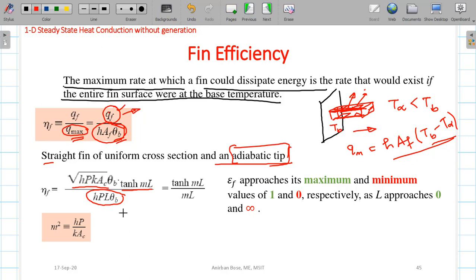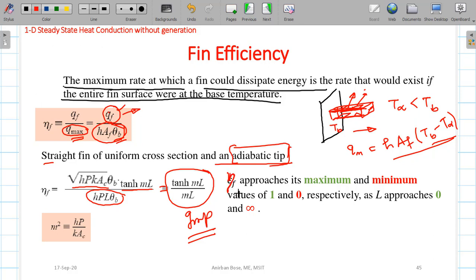This gives the expression for the efficiency of the fin: tanh(mL) divided by mL. It is a very important formula for fin efficiency, but remember it is true for the adiabatic tip condition only. And here this is not epsilon, this is eta.